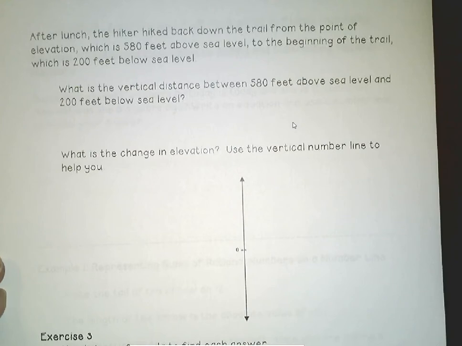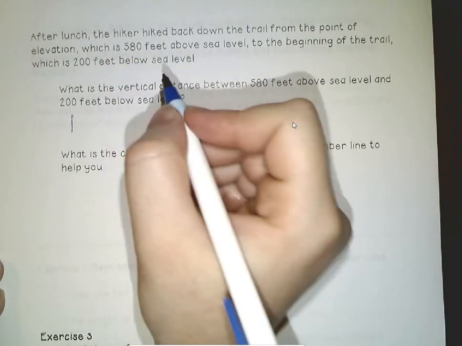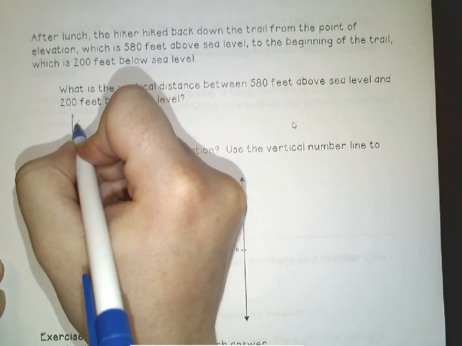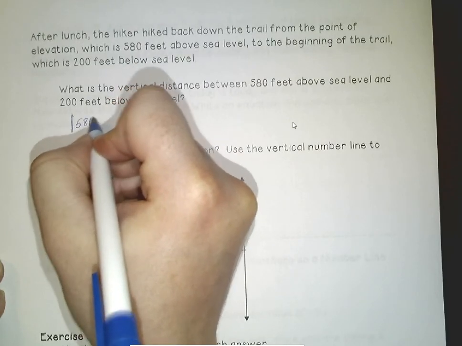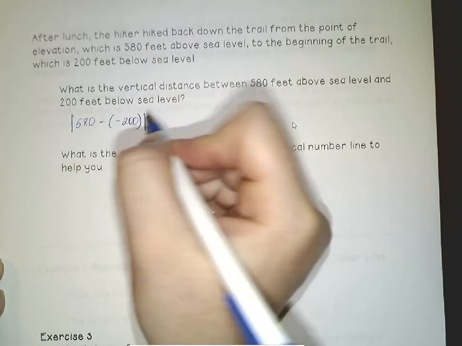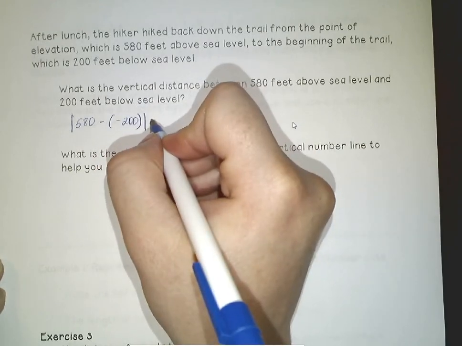Let's try a different way. Let's try to subtract from 580. So in our formula, we are going to have those absolute value bars, and we're now subtracting from 580. 580 minus negative 200. Remember that negative sign, it's very important. Again, we are not working with subtraction, so we need to change it into addition of the opposite.